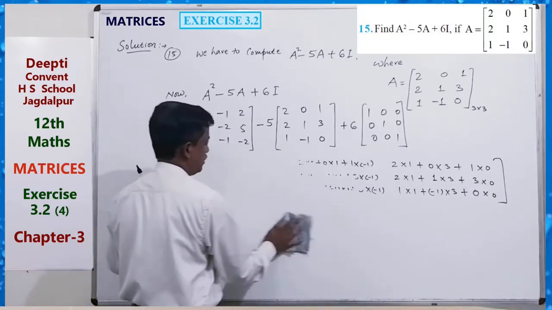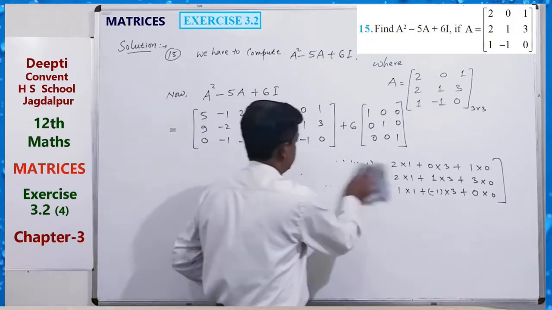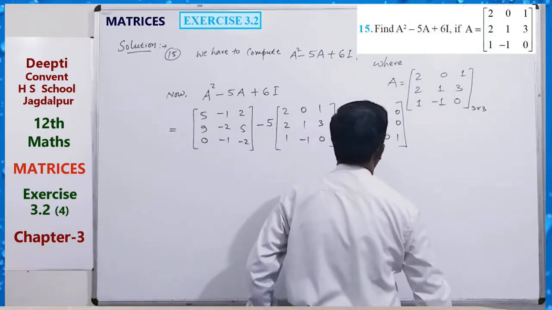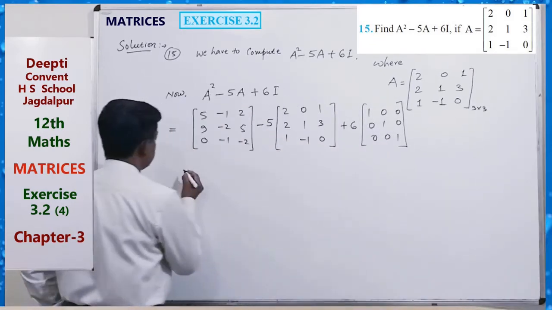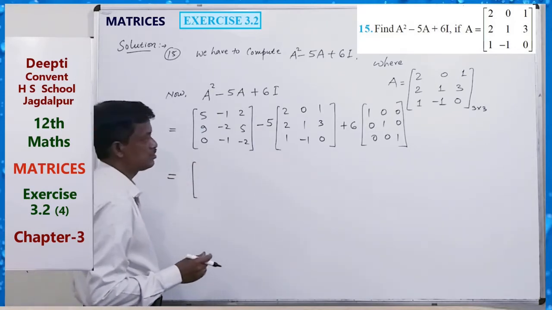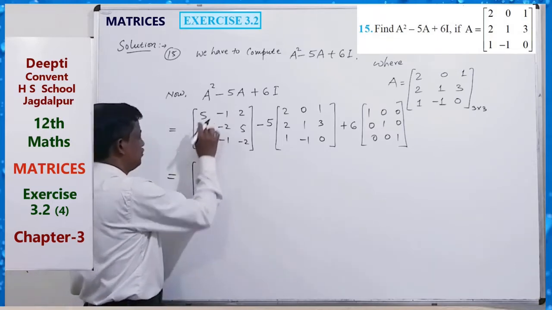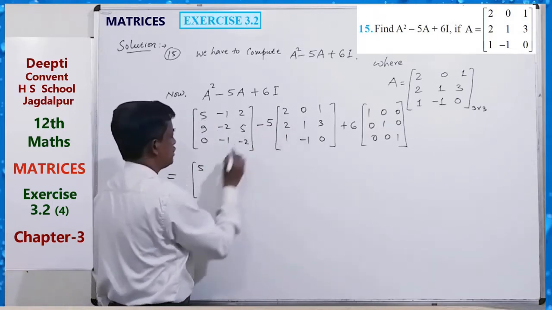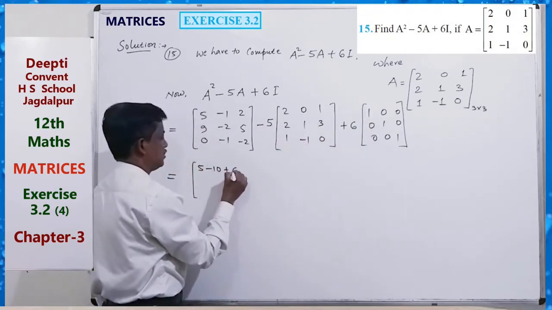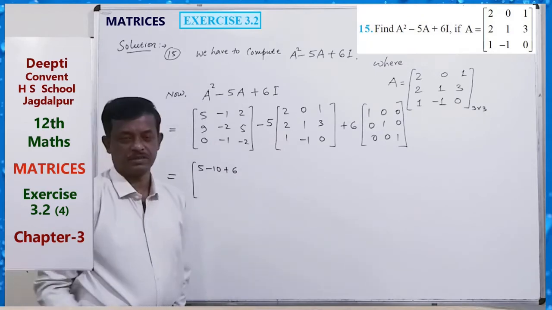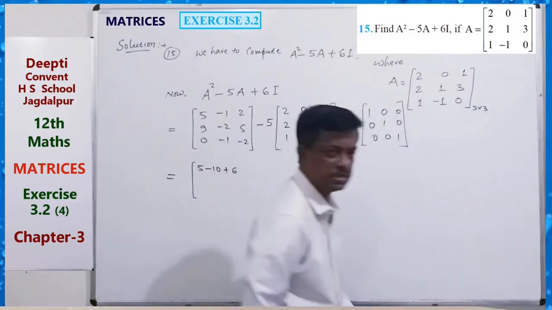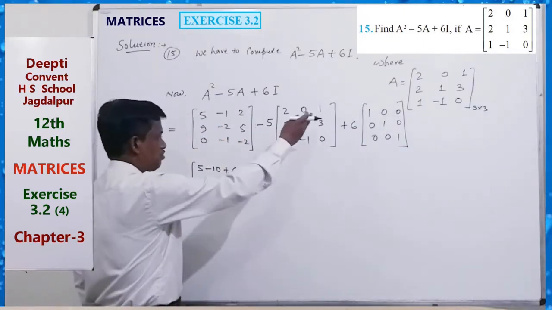Now we have to calculate this addition and subtraction. We can write directly 5 minus 10 plus 6 in one step. You can do it in one step or in two steps, after multiplication.